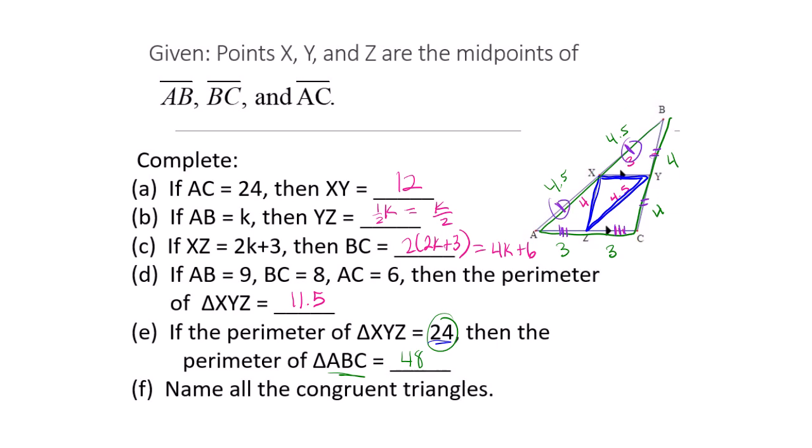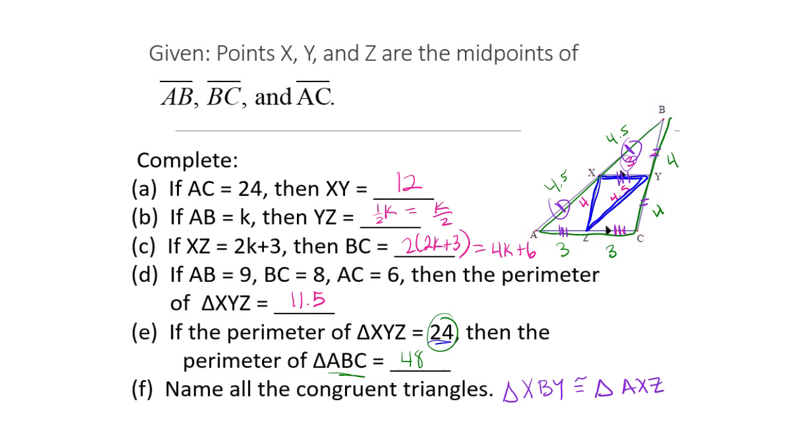And then we know that this is 3 and this is 3, right? So that means that this is congruent with this, right? So that means those triangles are congruent by side, side, side, right? So XBY is congruent with triangle AXZ, right?